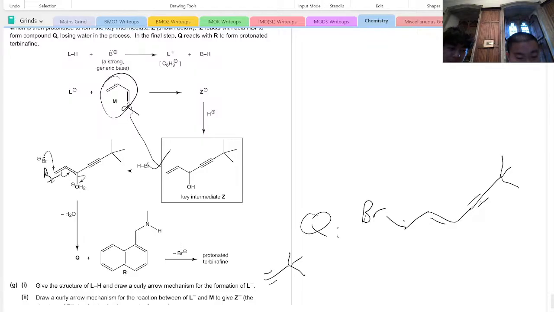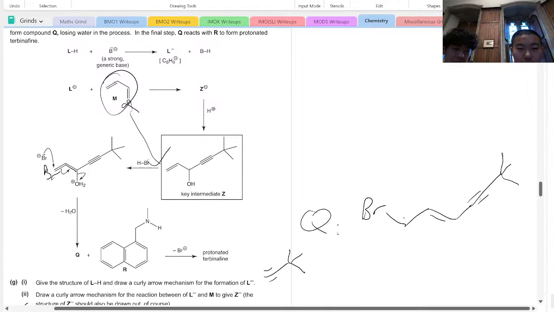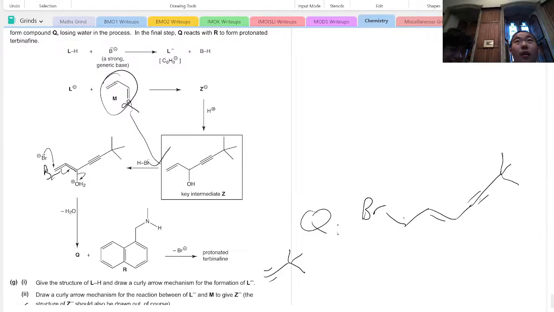Draw a curly arrow mechanism for the reaction between L minus and M to give Z minus. Oh my gosh. We have to draw a curly arrow mechanism.